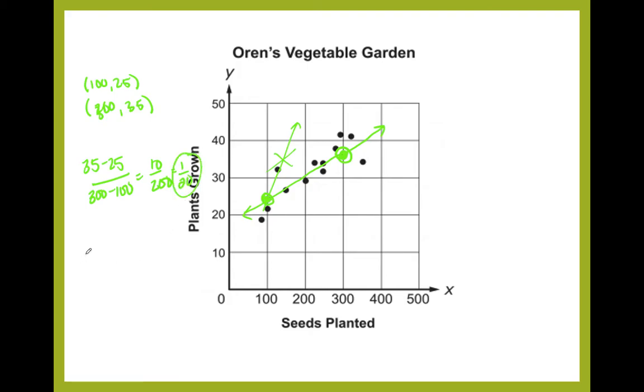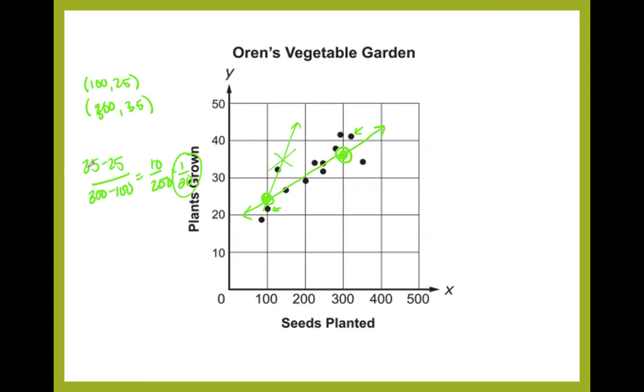Like I said, if this were a test or a homework assignment and you picked two slightly different points, let's say you picked this one and this one, you might have a slightly steeper line than mine, but the slope shouldn't be drastically different from mine. So the key is that you have a slope that's reasonable, and everyone has a pretty similar slope, even if it's not identical.